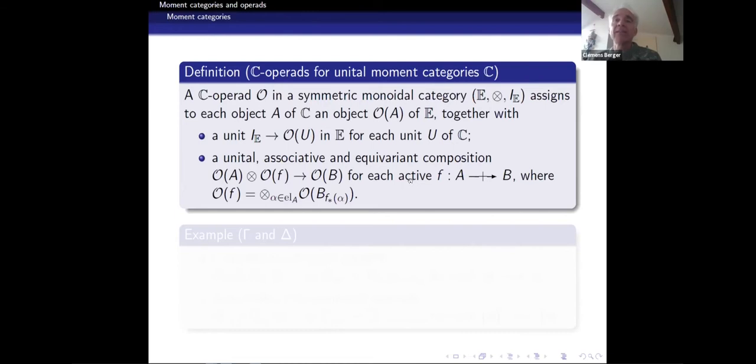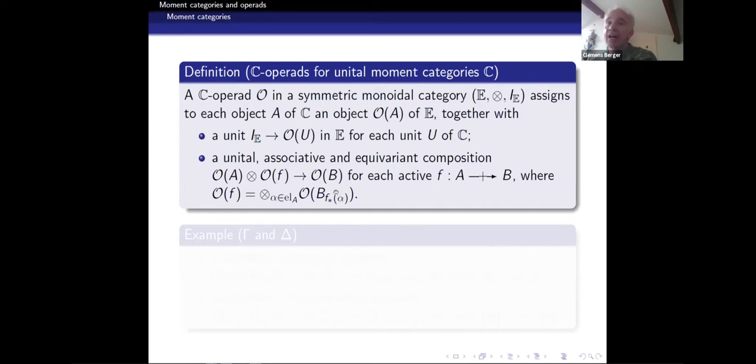So an operad composition only needs the active subcategory of your moment category, and you associate to an active map the following tensor product. You take the tensor product over all elementary moments of the source of A, and you push forward this moment along F. Now, if you push forward an elementary moment, you get a moment of B, but it is not anymore elementary.